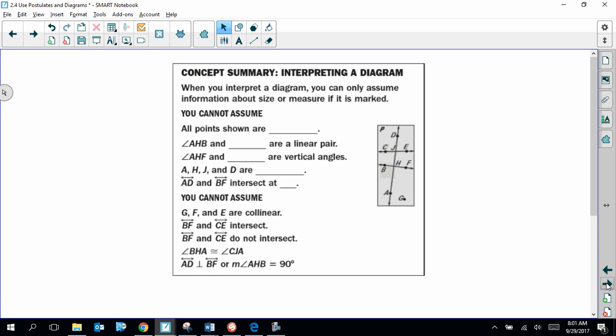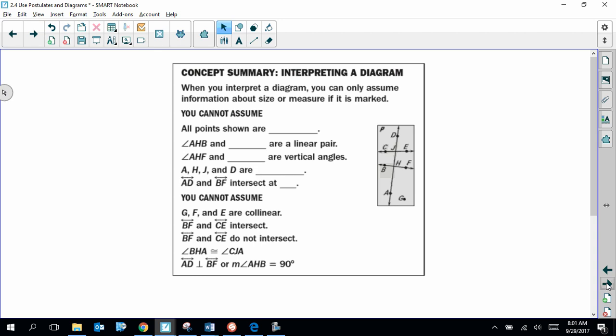Oh, here we have this right angle symbol, so I know these things are perpendicular to each other. Or because I know two angles of a triangle, I can figure out the third angle by using properties of the angles inside of a triangle. Something along those lines. So here, you cannot assume certain things.